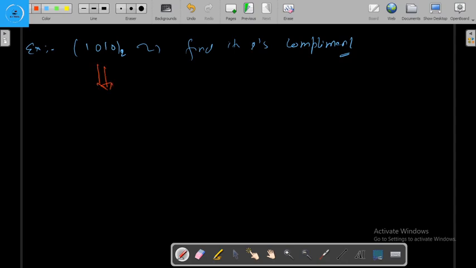First see where the first 1 appears. Until then we write 0 directly, and here we write 0. Then we move to the next digit, where the 1 occurs, and we write 1. After that we inverse all the digits, we write the opposite of all the digits. So here we write 1, and here we write 0.